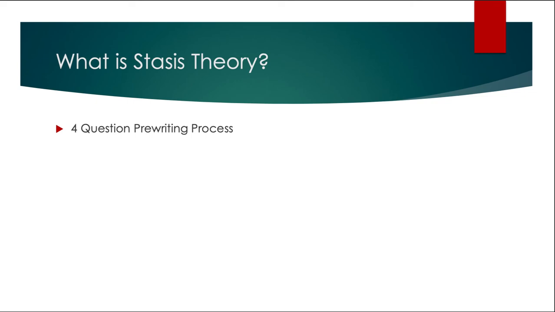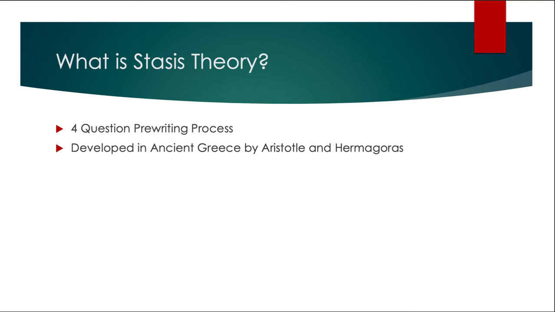Stasis theory is a 4-question pre-writing process. So there are 4 main questions, and those are going to help you with the invention and the pre-writing you need to do your project. It was developed in ancient Greece by Aristotle and Hermogoras, so it's been around for a really long time.